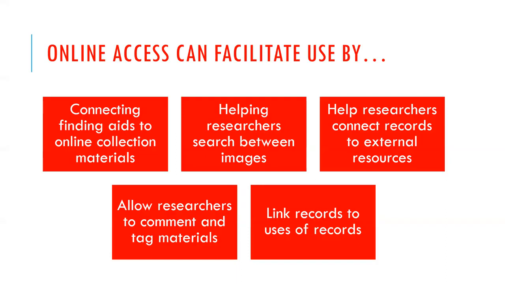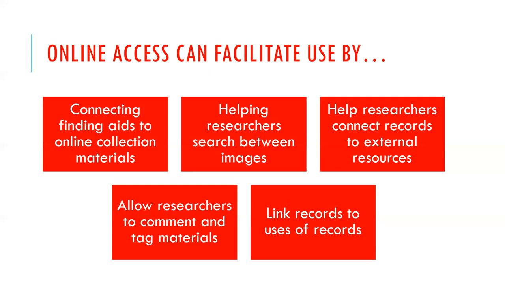Another thing that the Augusti article mentions is helping researchers connect records to external resources. This might be an instance where you have an online collection that says, if you're interested in this collection, here are some related materials. And these might be materials that aren't even within the archive. Traditionally, when you have subject access terms in an online finding aid or an online collection, that will only take you to materials held by the archive whose finding aids or collections you're looking at.